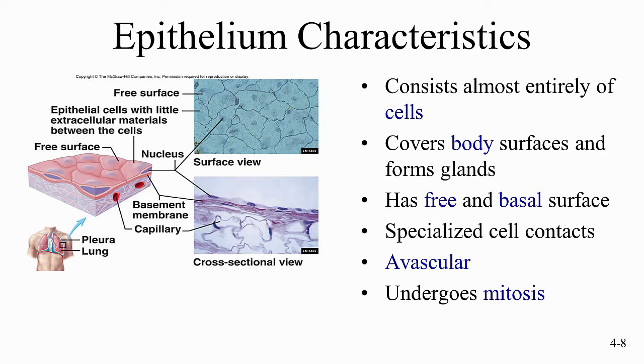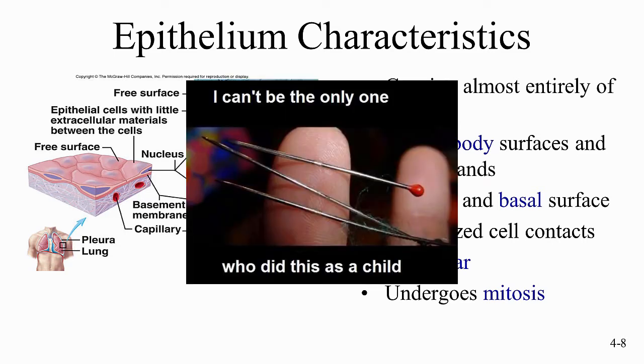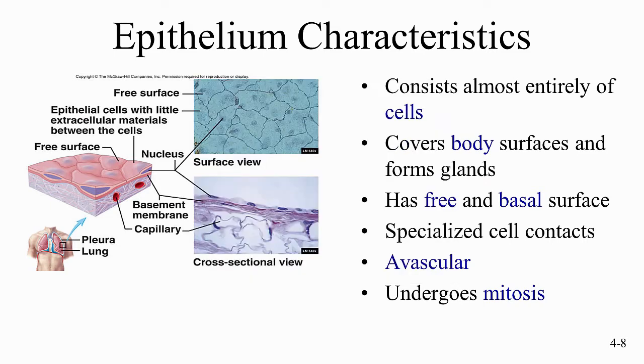Another thing about epithelial tissue is that it's avascular. Avascular means there is no blood supply. I don't know if you've ever done this as a kid, but you take a needle or a straight pin and you put it right up under your skin and gross people out. Show them that little pin or needle just under the skin. Now, did that bleed when you did that?